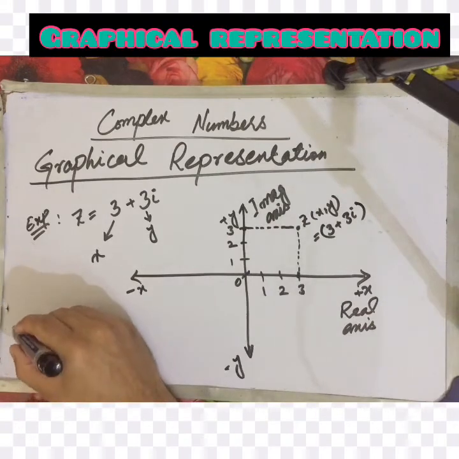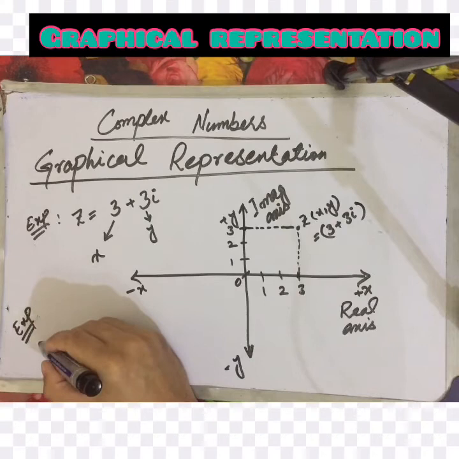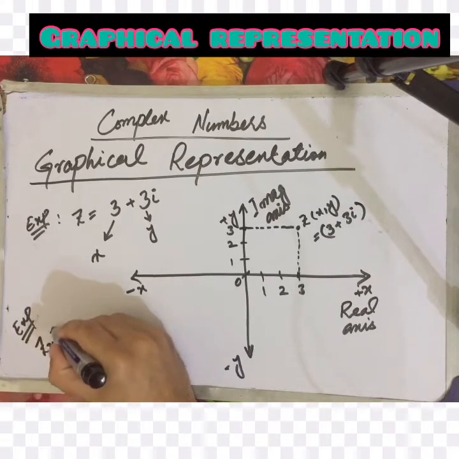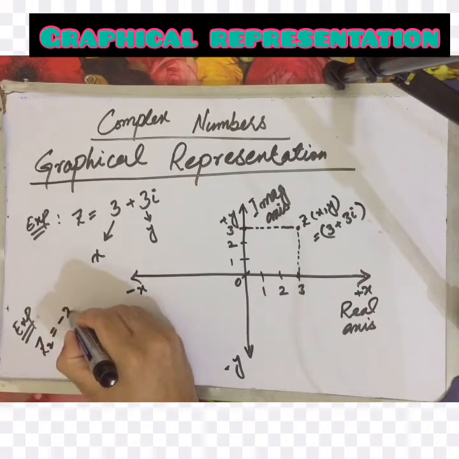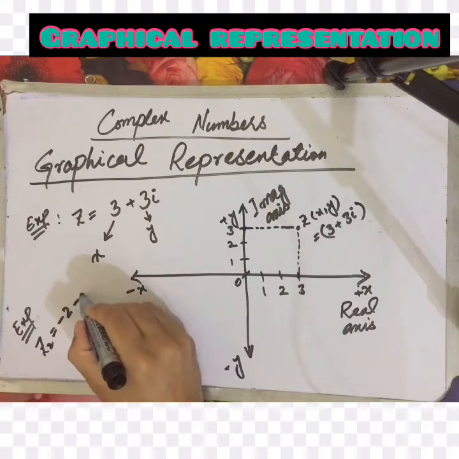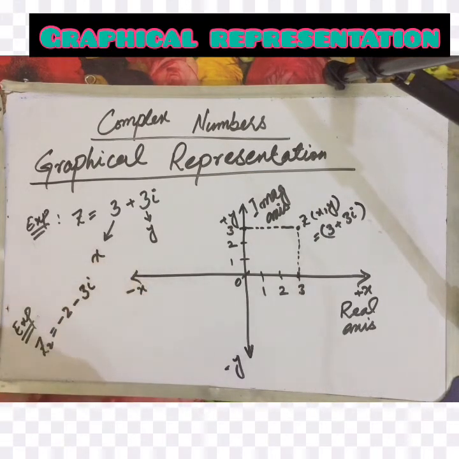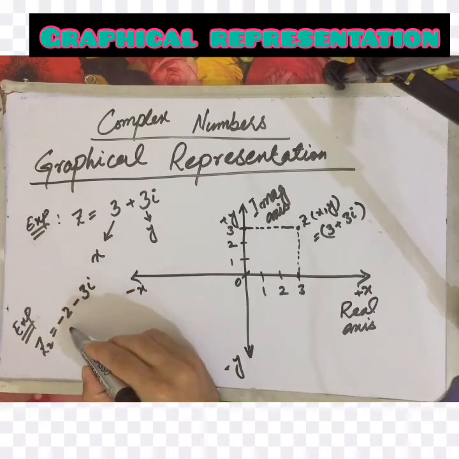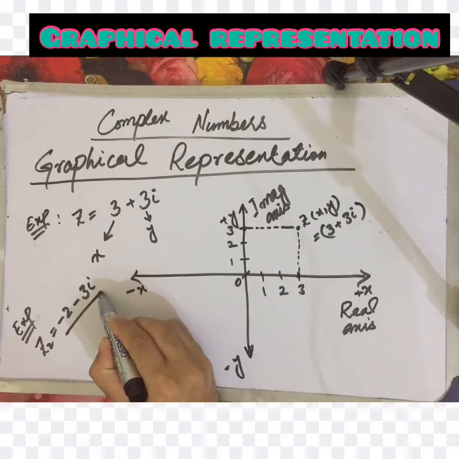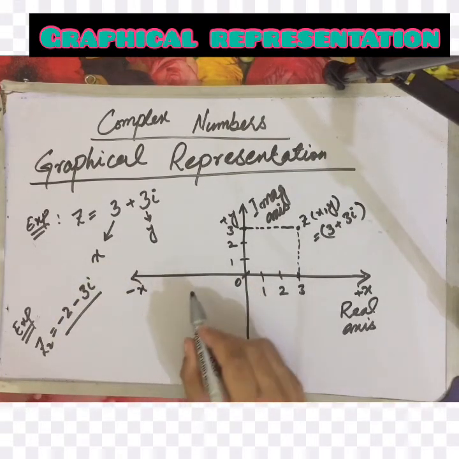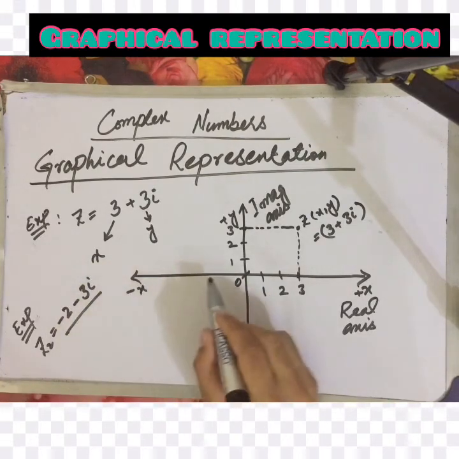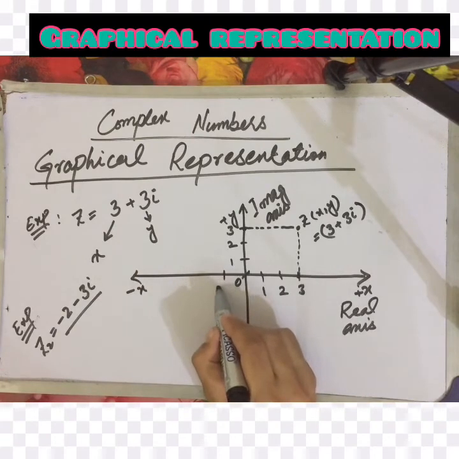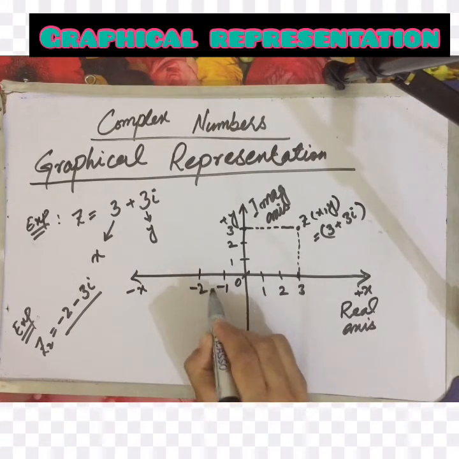Now take another example, z2 will be equal to minus 2 and minus 3 iota. So both the real and imaginary numbers are negative. So draw minus 2 on the negative x-axis, minus 1, minus 2.